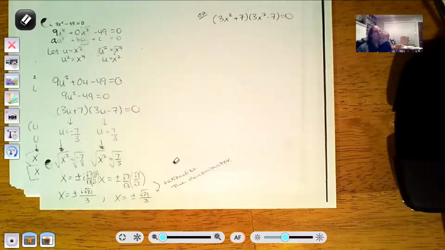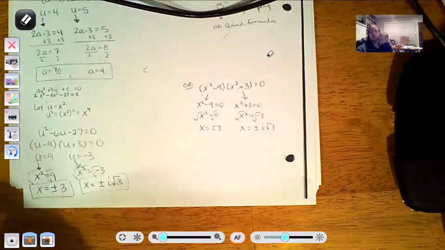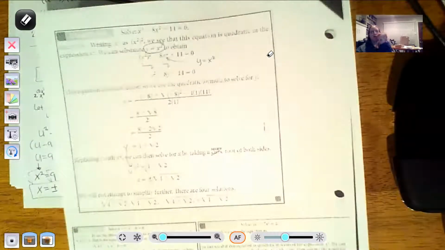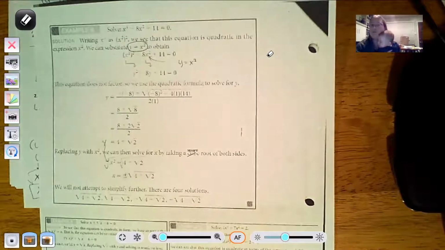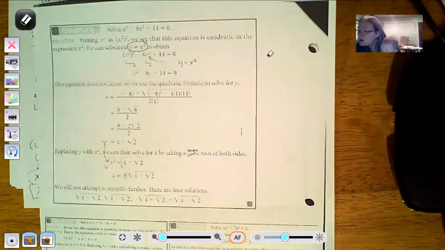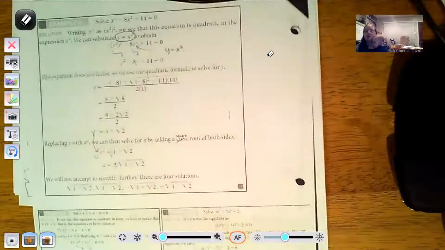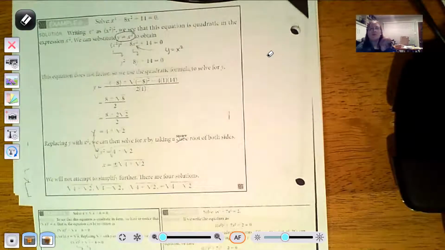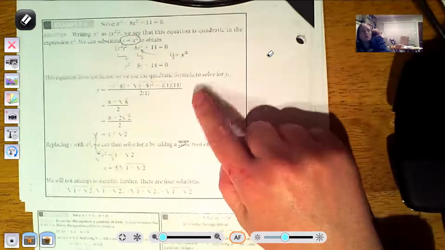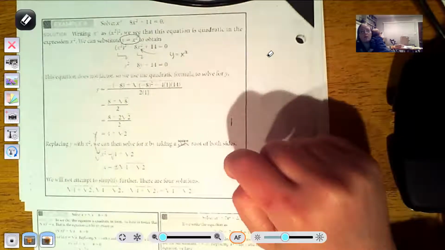All right. So there's a few examples in your textbook that I think are worth discussing, and that is example 6. I wanted to mention that they accidentally have the word cube root. They meant square. They should have put square root. This one shows how the quadratic formula is needed because it isn't factorable. So here's an example of the quadratic formula being involved in these u substitution problems.